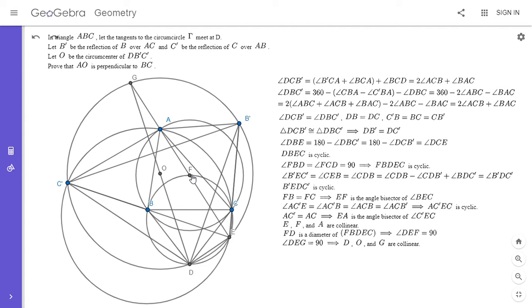I start using more facts about spiral similarities. So I'm going to try to use both facts about spiral similarities and the gliding principle, which I mentioned before in my channel, to try to solve this problem. So we have a right triangle DB prime G, and we also have a right triangle DCF.